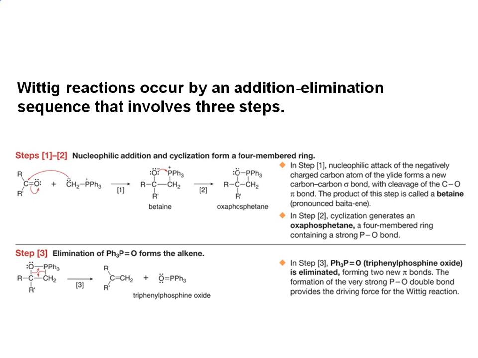So the phosphorus and oxygen will bind, and that will result in a 4-membered ring called an oxaphosphetane. And the oxaphosphetane is going to break apart in step 3 because it's a 4-membered ring, and because breaking that 4-membered ring allows us to form the very stable molecule triphenylphosphine oxide. And in doing that, we get our alkene.